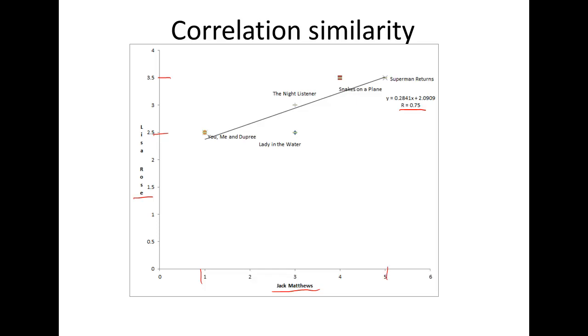So this really tells us that Lisa Rose kind of has a similar taste, because the R is high, 0.75, but her grades vary much less, whereas Jack Matthews gives both 1s and 5s in there. So this is actually something that's very good about correlation similarity, as opposed to the Euclidean one, because if someone is systematically putting lower grades or varying less, then correlation similarity picks that up.